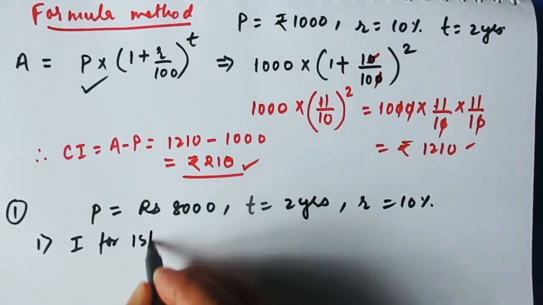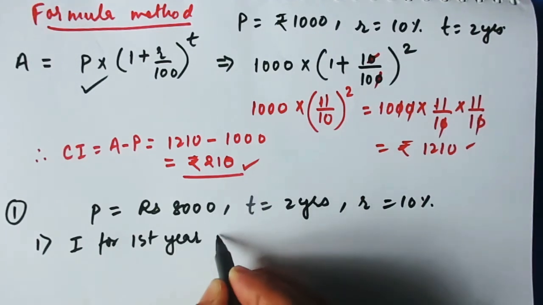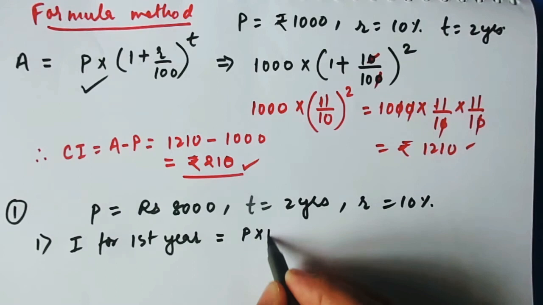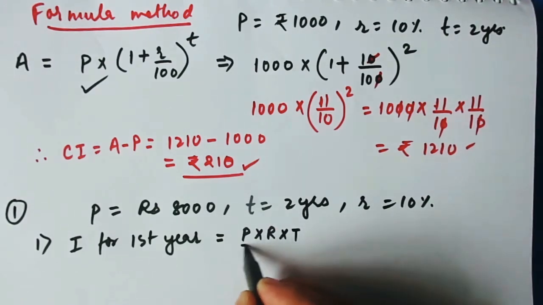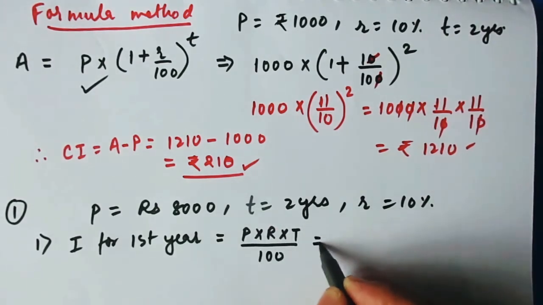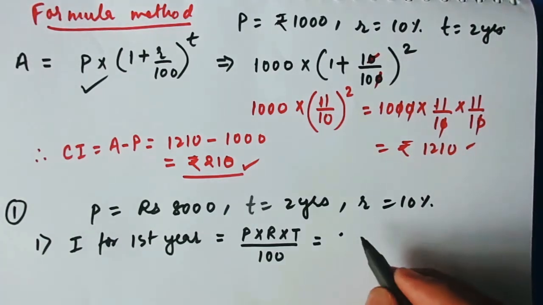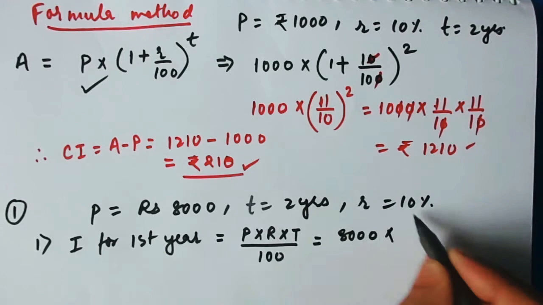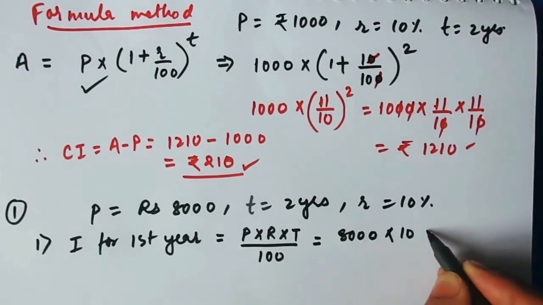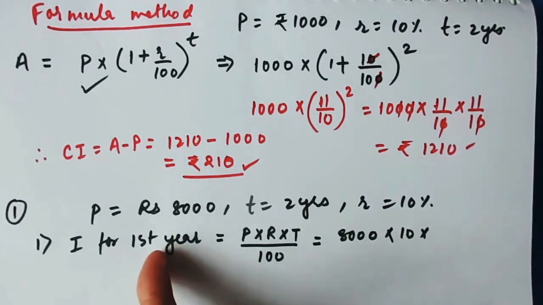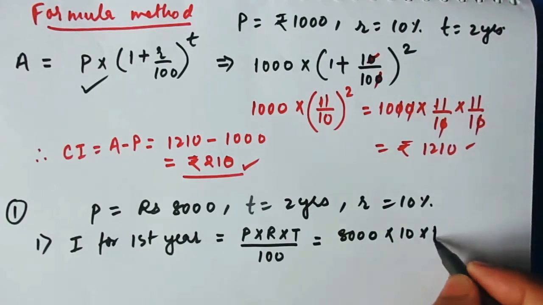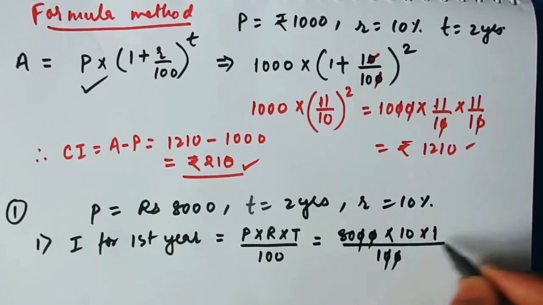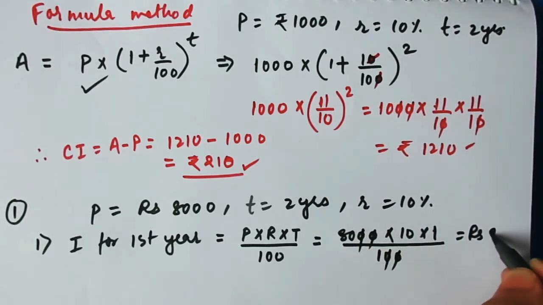So interest for first year is equal to वही PRT by 100, है ना, PRT by 100। तो आ जा बेटा, principal P, rate is equal to 10, T for first year, याद रखो first year, तो एक ही साल के लिए आप निकाल रहे हैं ना, PRT by 100, equal to rupees 800.